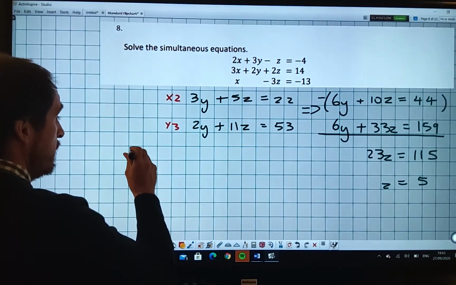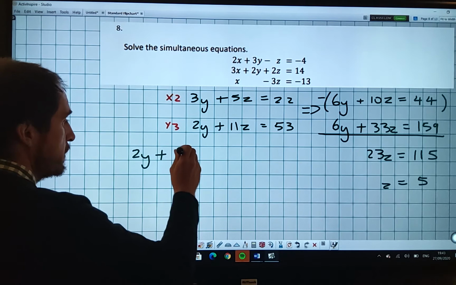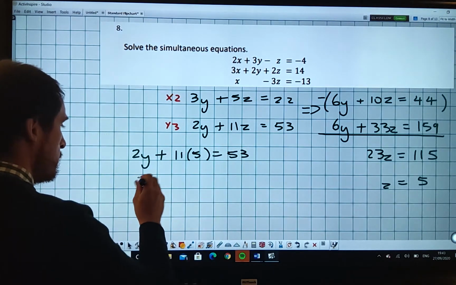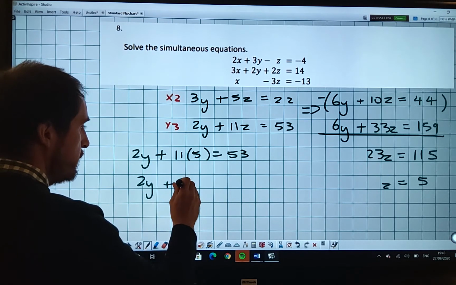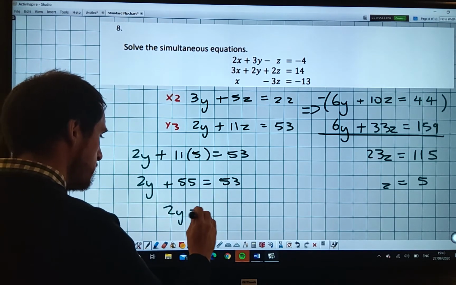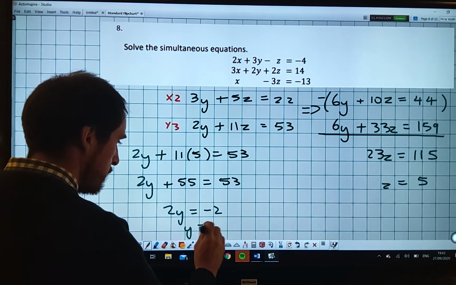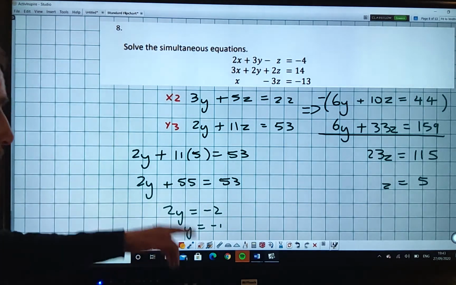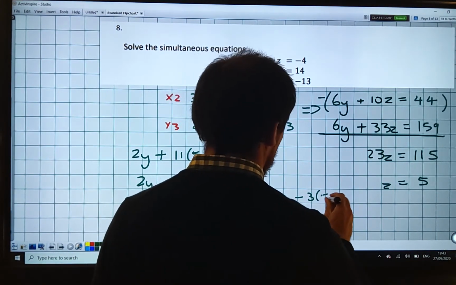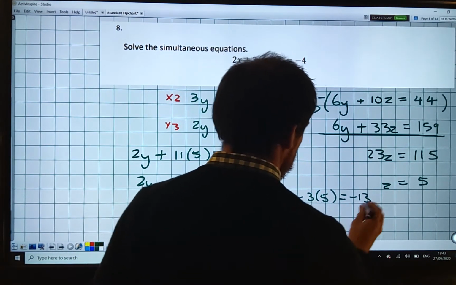So now I can fill in 2y plus 11 times 5 is equal to 53. So 2y plus 55 is equal to 53. 2y is equal to minus 2. y is equal to minus 1. So now I just fill in. So x minus 3 times 5 is equal to minus 13.